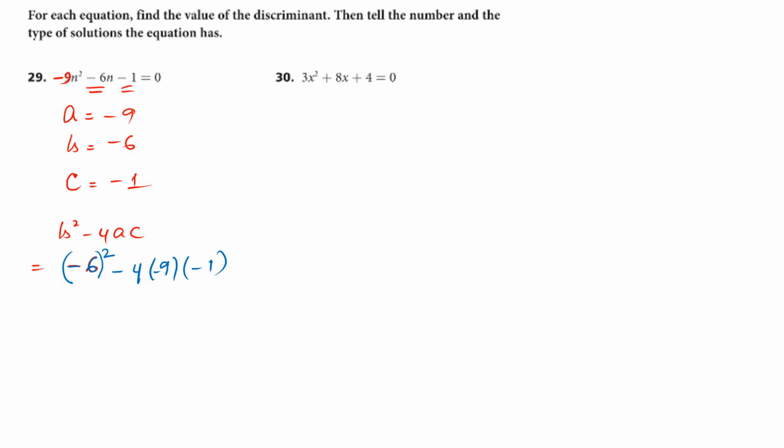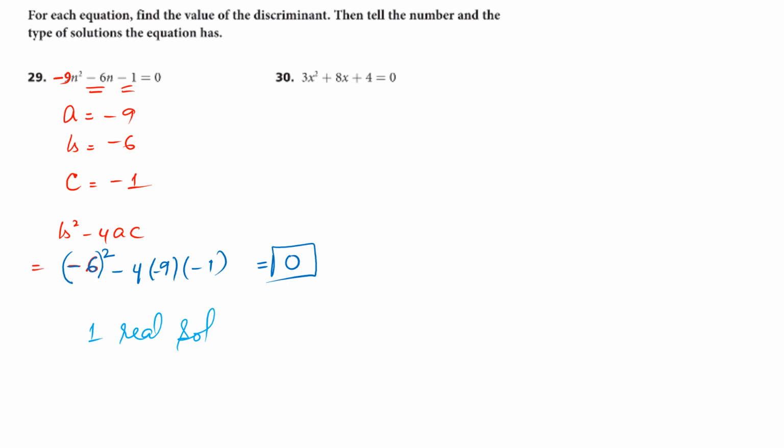Write in the calculator. While writing in the calculator, don't forget to put the bracket whenever a number has a negative sign. So the answer is 0. And whenever we have the answer 0, it means one real solution.